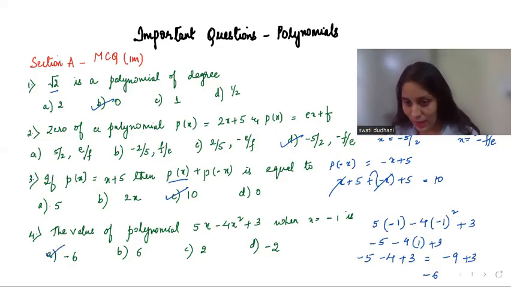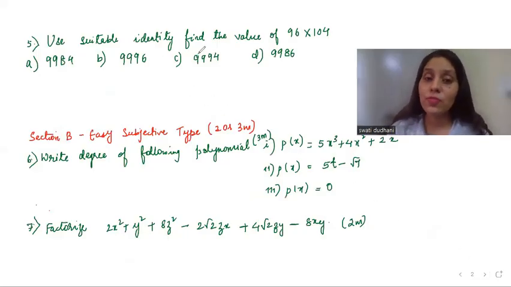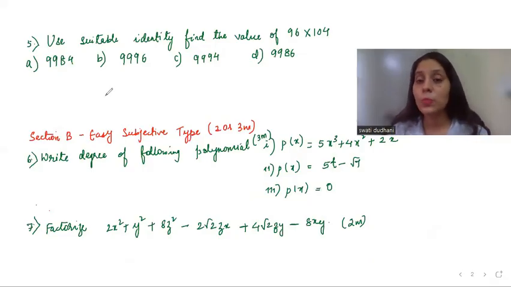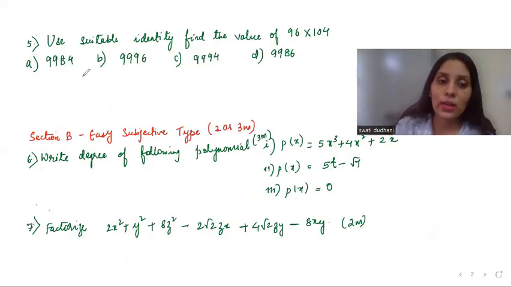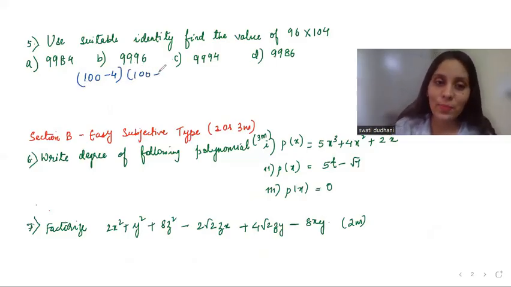Now next we have: use suitable identity, find the value of 96 into 104. We need to use some identity which suits this and which takes lesser time. Because it's MCQ, you need not waste more than a minute. 96 can be written as 100 minus 4 and 104 can be written as 100 plus 4.